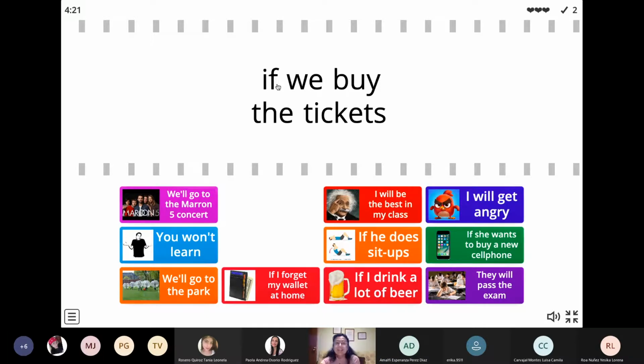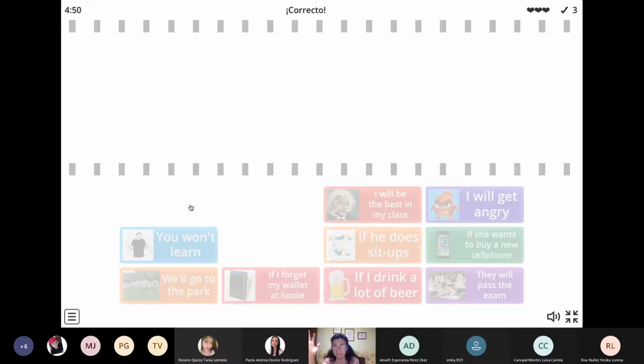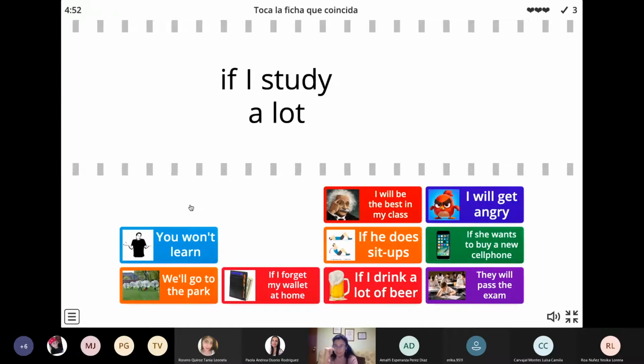Very good. If we buy the tickets, we'll go to the Maroon 5 concert. Yes, you have to think. Muy bien. Demórense, preciosos, no importa. But good answers. Present and future. Conditional one. Based on the present, we predict the future or we plan the future.